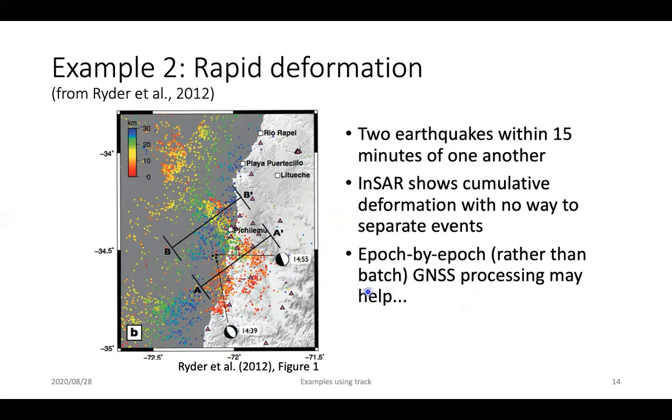So batch processing would be to take all of the data in one go and produce one time series point for an entire day, for example. That's what GAMIT does. TRACK, we are going to use each 30-second record, or 1 Hertz record, or 5 Hertz record. We're going to produce a position for every single one of those observations rather than averaging the observations in batch.